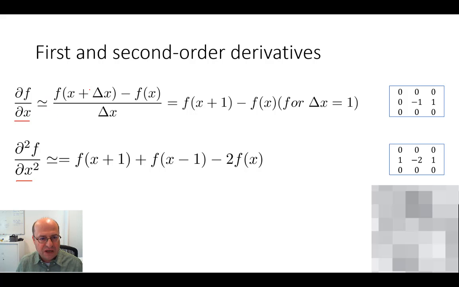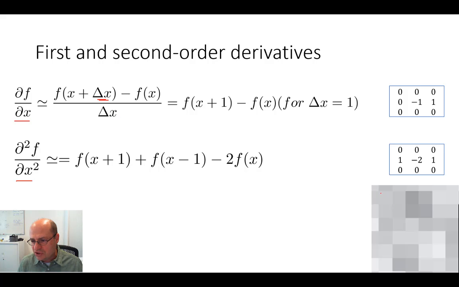This can be approximated by, well, a derivative is just a difference, whereas an integration is just a sum. A derivative is a subtraction. So we are subtracting f(x) from f(x plus delta x), where delta x is the step of the derivative, divided by the step of the derivative.